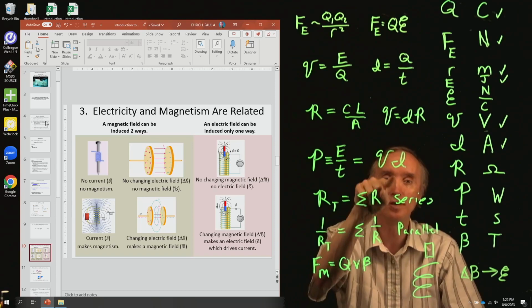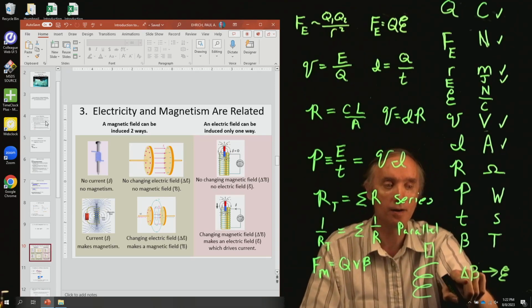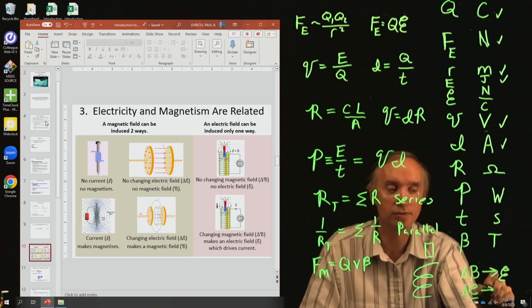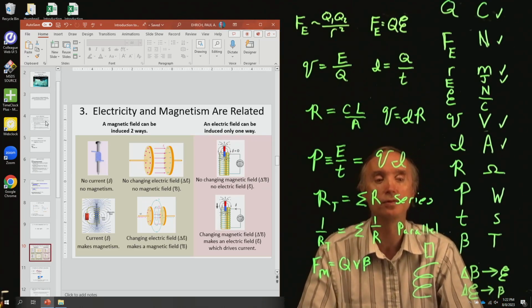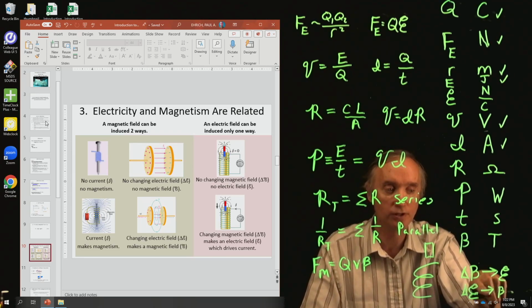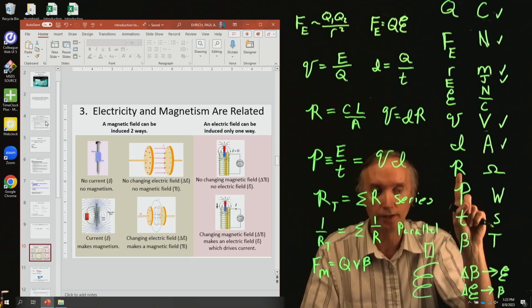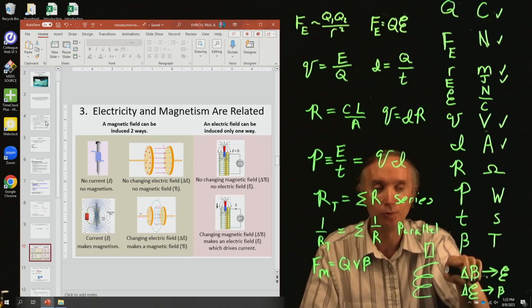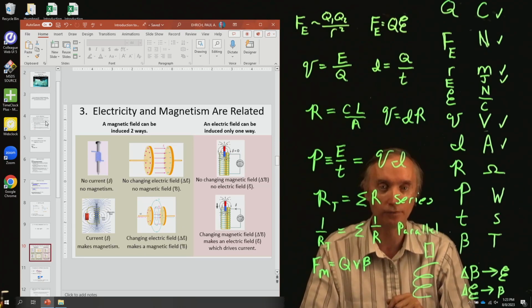Then the one in the middle is the opposite of this one: a changing electric field makes magnetism. So there's two different ways of making magnetism. An electric current can make magnetism, but also a changing electric field can make magnetism. But there's only one way of making the electric field, and that is with a changing magnetic field.